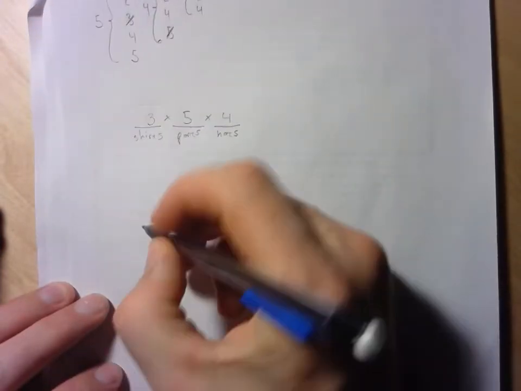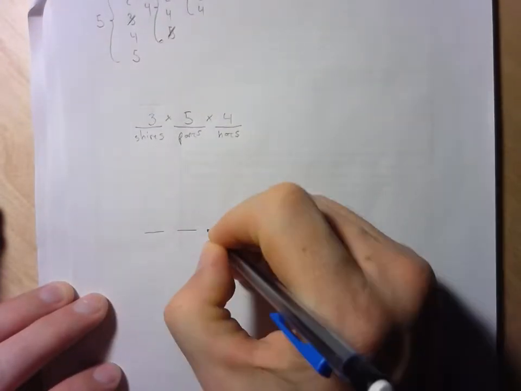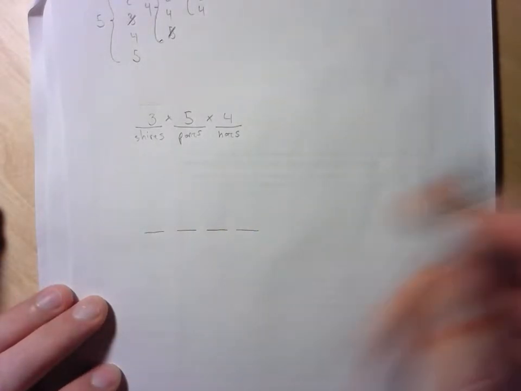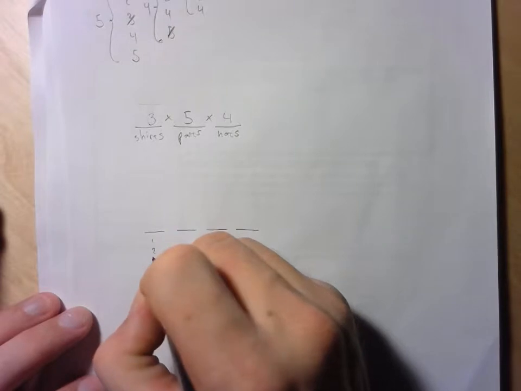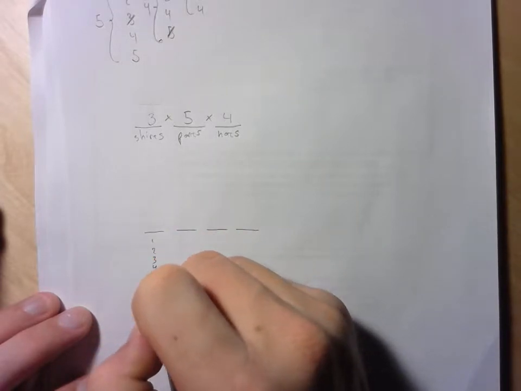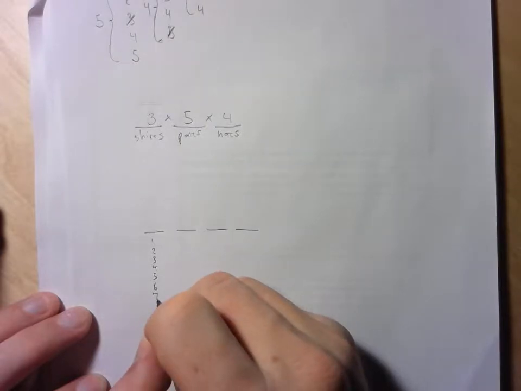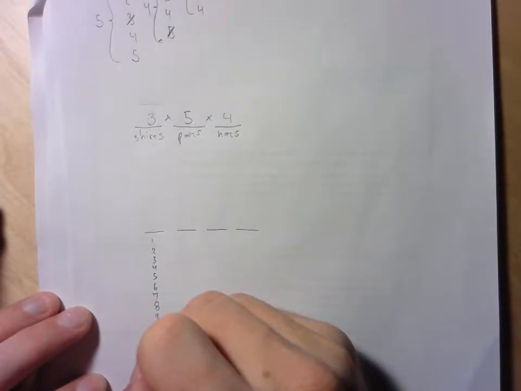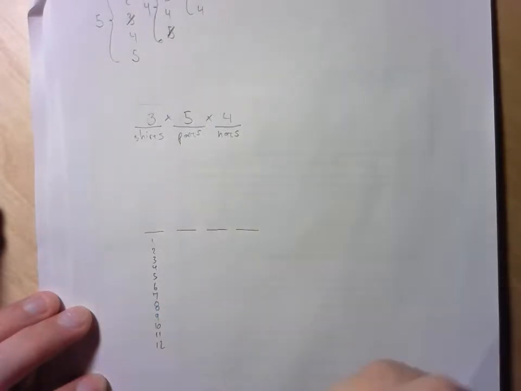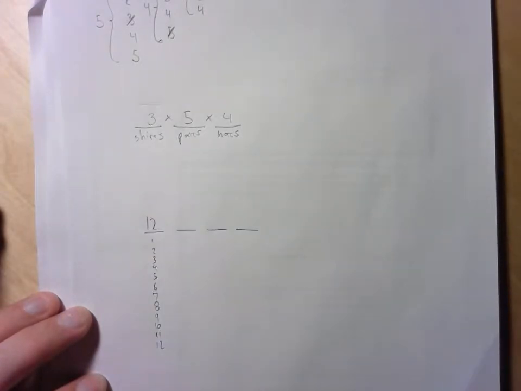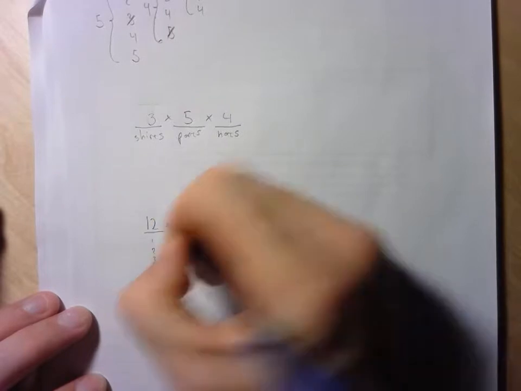I have 1, 2, 3, 4 class periods, but then I have a total of 12 possible classes that I can pick from. 8, 9, 10, 11, 12. So there are 12 possibilities for my first period. And let's say we choose class number 8.